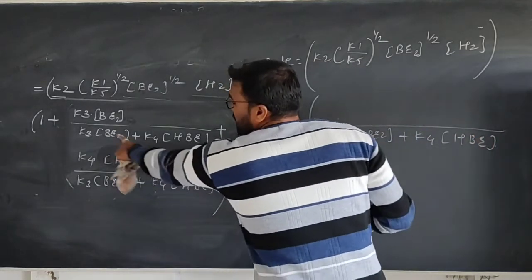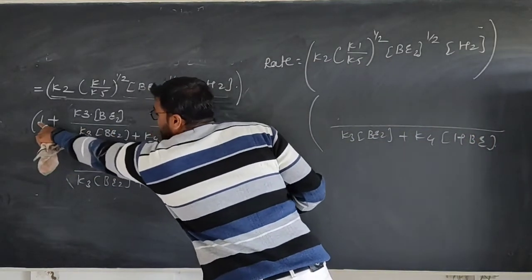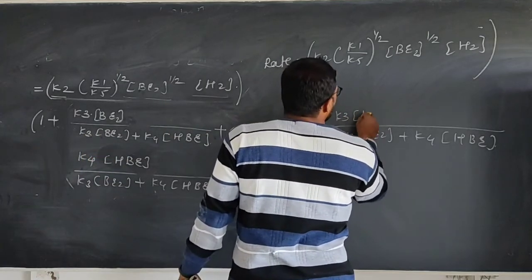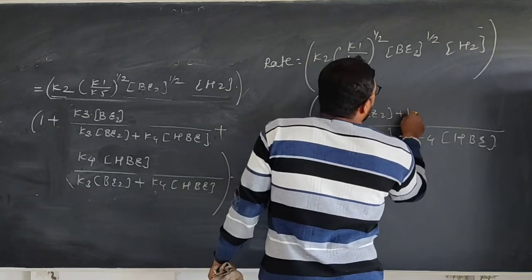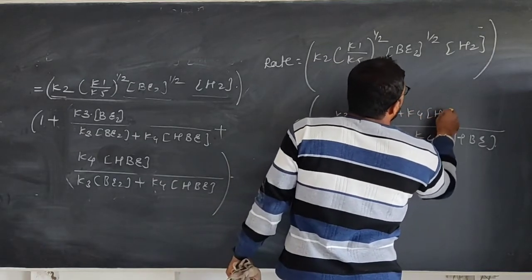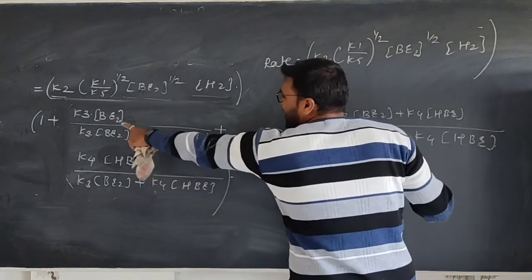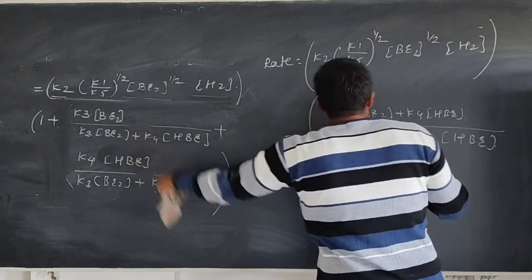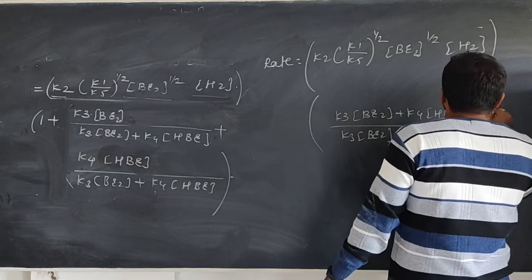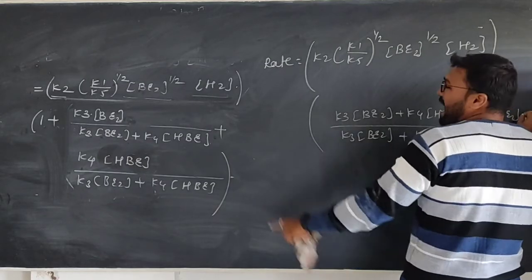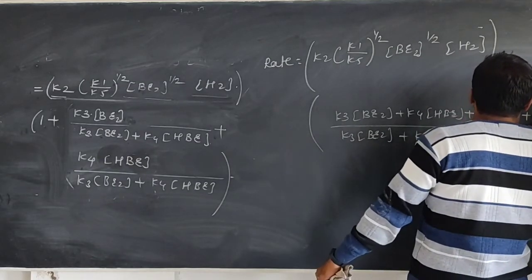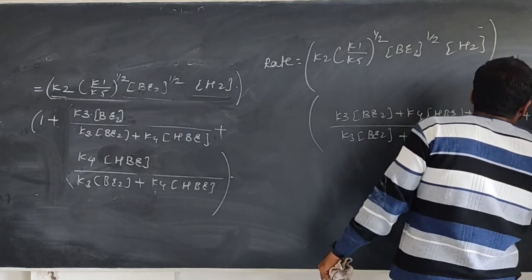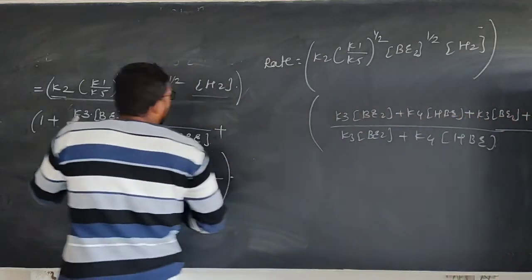The first term is 1 there, therefore multiply by this denominator, K3 into Br2 plus K4 into HBr. The remaining terms are as they are because the denominator is the same, right? Therefore the second term is K3 into Br2 and the last term is K4 into HBr.